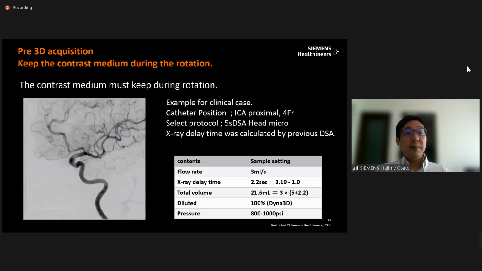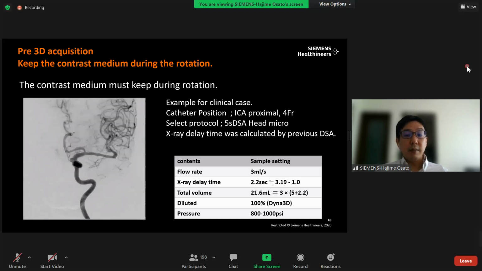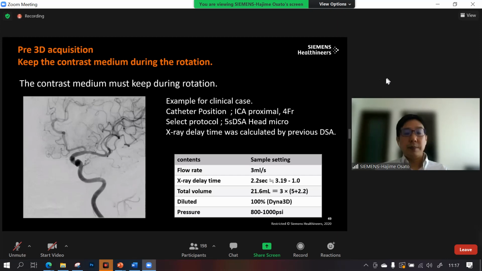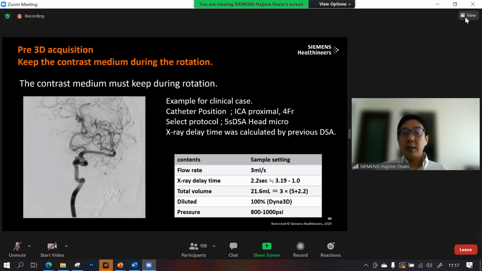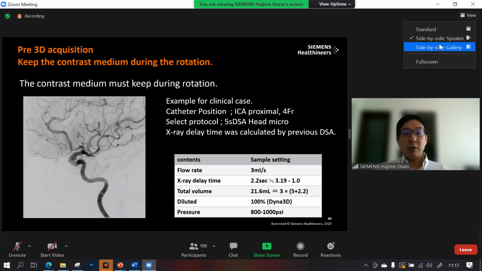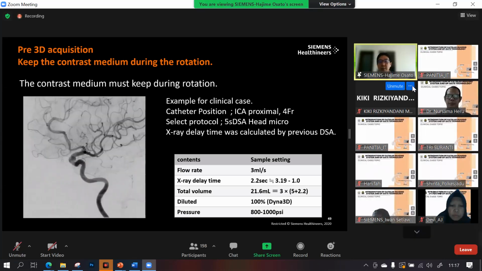It is important to keep contrast medium injection during rotation. This image is a real clinical case. We must keep the contrast medium injection going during the rotation time.